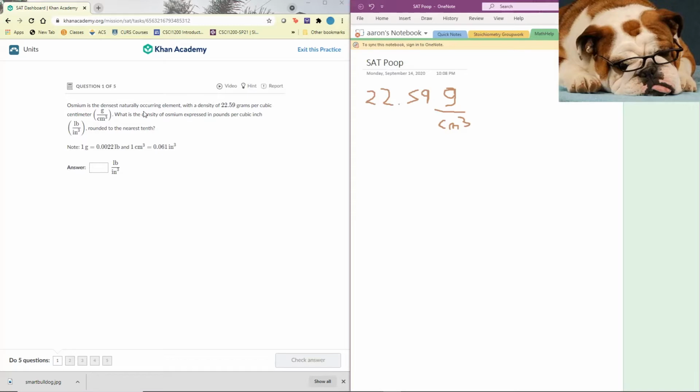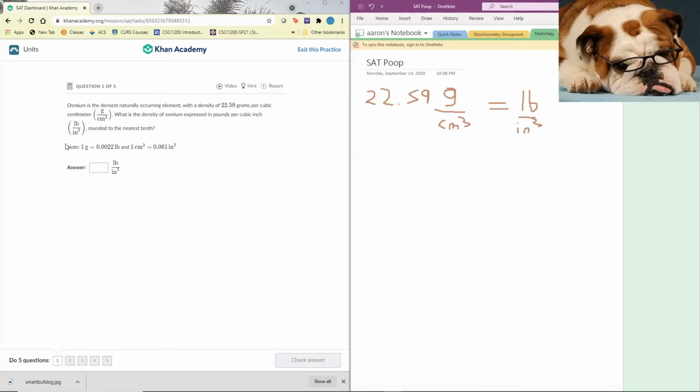What is the density of osmium expressed in pounds per cubic inch, rounded to the nearest tenth? Okay, so we want to get this into some pounds per inches cubed.